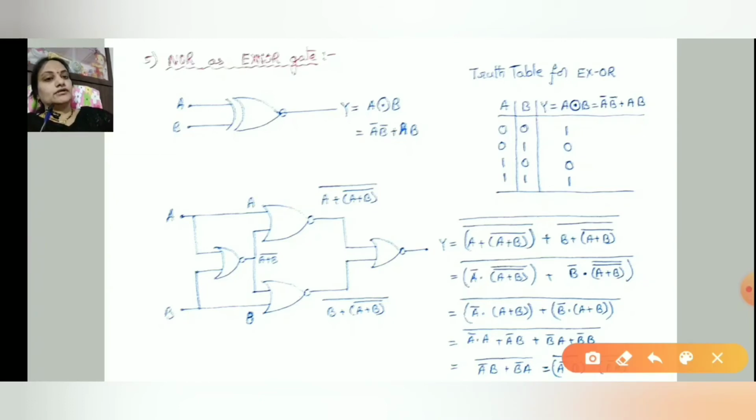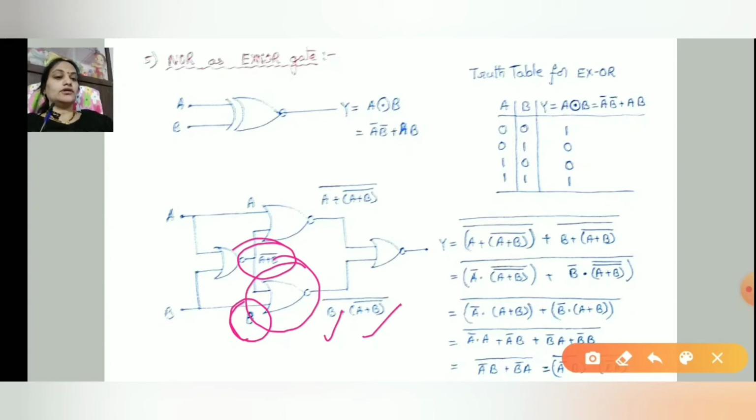So now come to gate number 3. Here the inputs are A plus B whole complement and B. That is why we got the output like the whole complement of B plus A plus B whole complement.